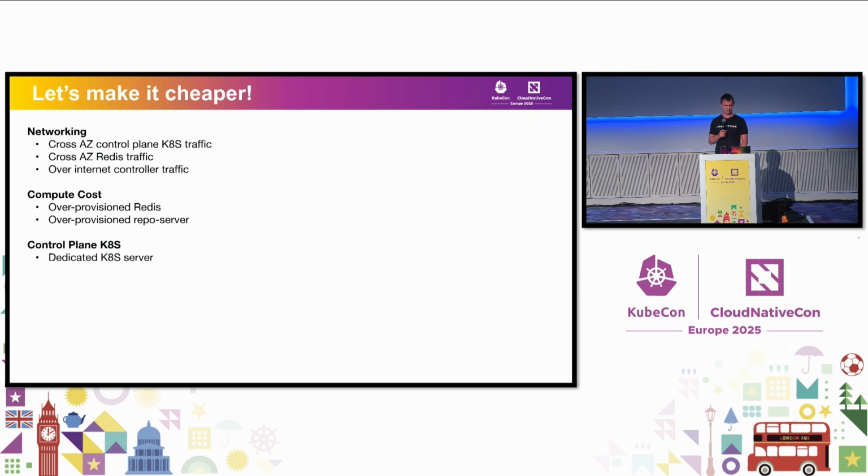But some of those changes are not enabled by default, or require additional configuration, for backward compatibility reasons. I'm focusing on this type of changes here. It covers networking, compute cost, and a suggestion for how to reduce the cost on a dedicated Kubernetes control plane server.